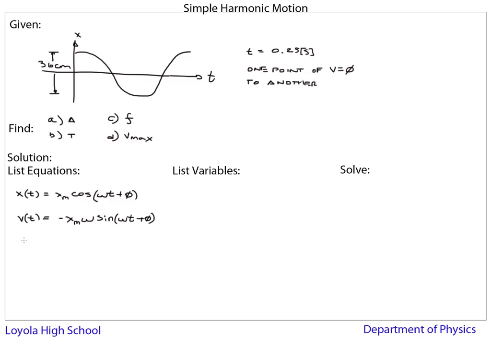And finally, the acceleration versus time, which is the second derivative of position with respect to time, is minus x max omega squared cosine of omega t plus phi.